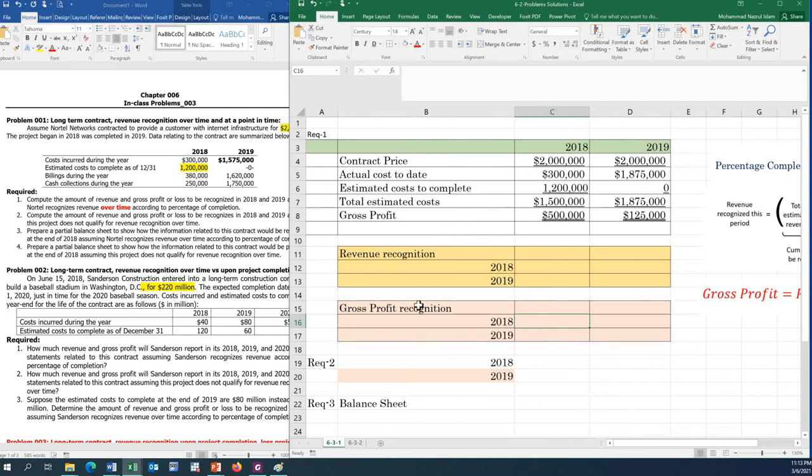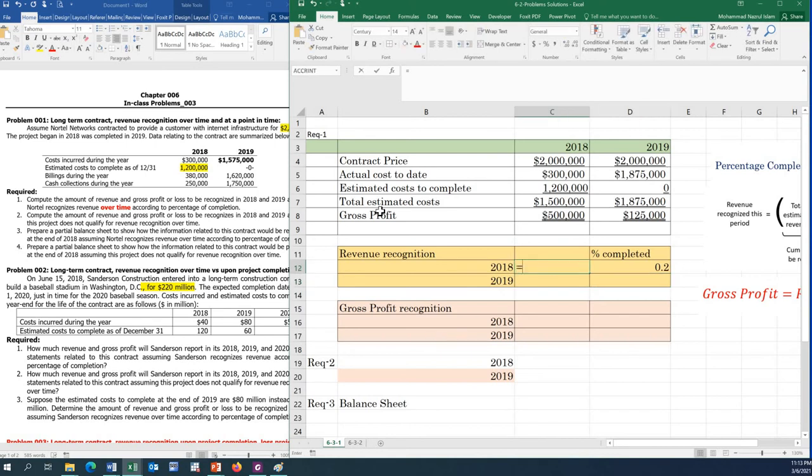So in 2018, what would be the revenue? First, let's write the percentage completed. The percentage completed will be equal to actual cost to date divided by total estimated cost, this one. So this is 20% in 2018, and in 2019 we will just recognize the remaining amount of revenue.